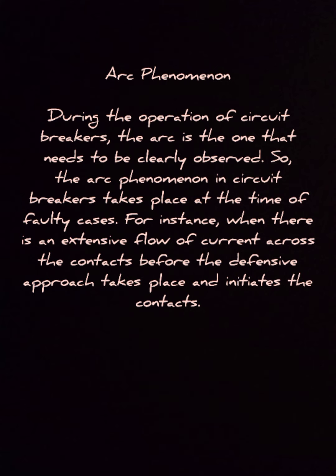For instance, when there is an extensive flow of current across the contacts before the defensive approaches take place and initiates the contacts. So in this way the arc has been created, so we need to reduce those arcs inside the circuit breaker.